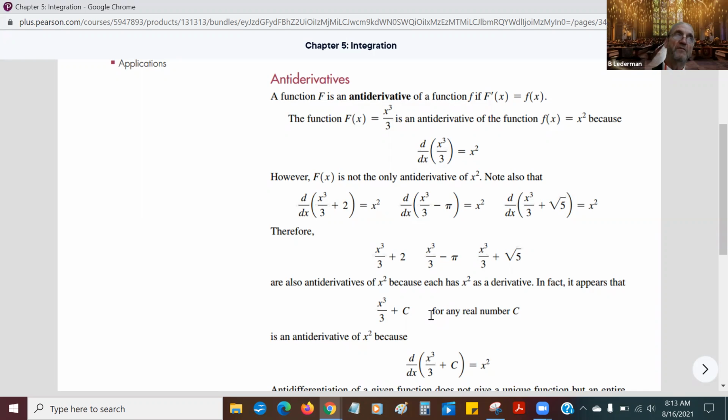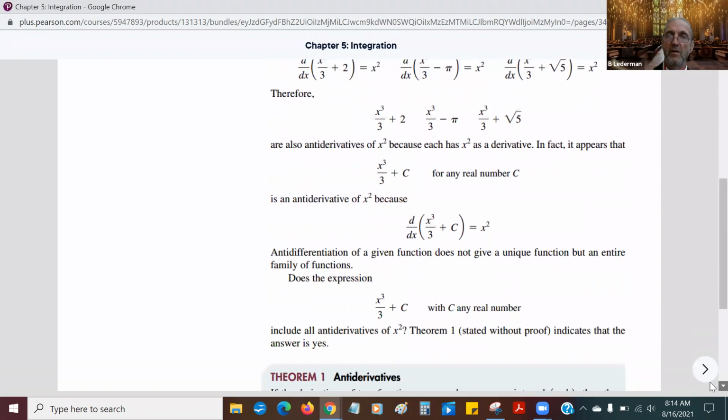In other words, a function has only one derivative, but a function has an infinite amount of antiderivatives. When I say infinite, it's really one thing, x cubed over 3, but there are infinite possible constants I could add onto it. So there's sort of one primary answer and infinite constants.